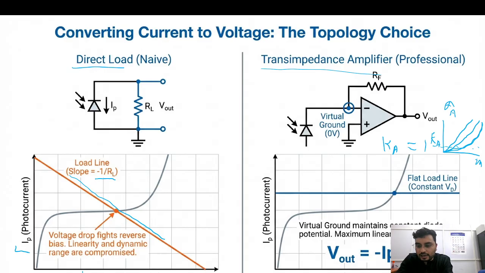The flat load line is constant VD. If you are using the RF here, then virtually it will be in the ground state, like 0 volt, and you will get the V out at a constant VD, diode potential.